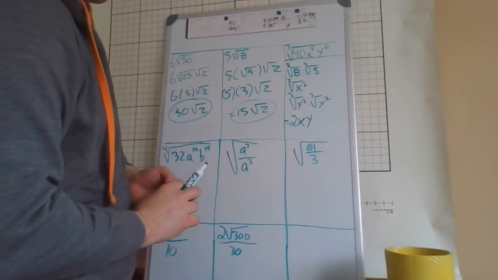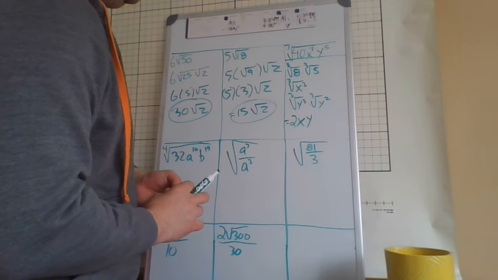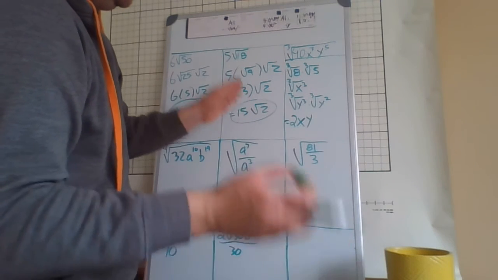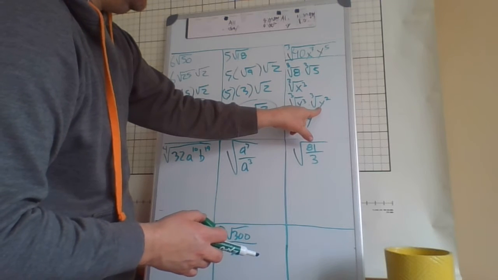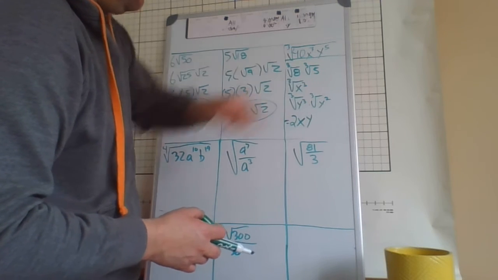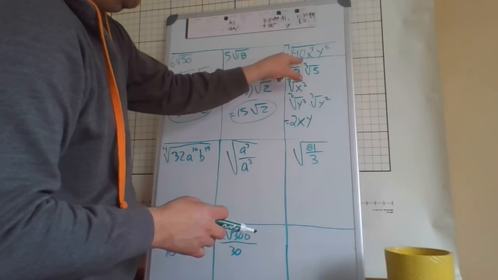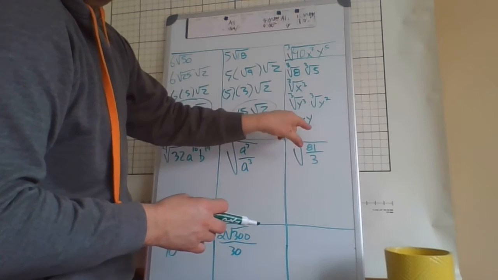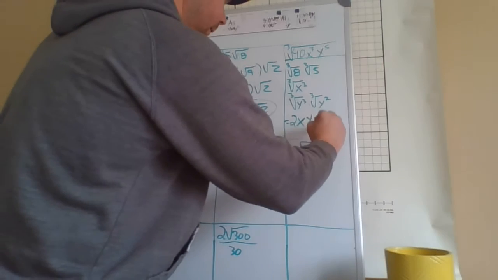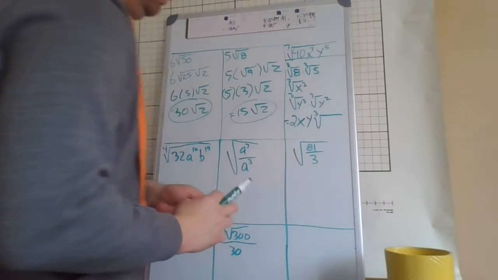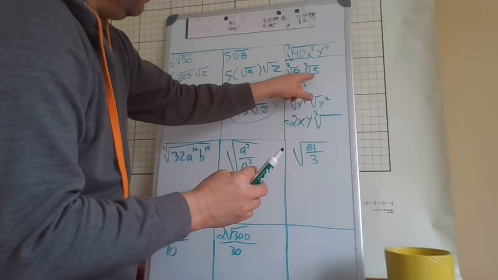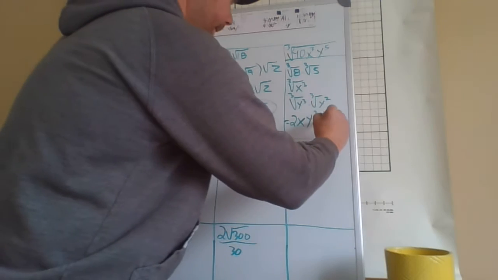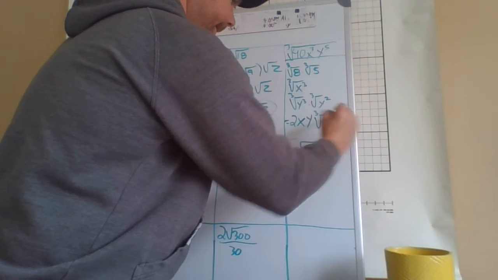Now I've simplified everything I can simplify. The only things that I haven't gotten to yet are this and this, but they're both third roots. So what I can do is put them under the same radical as I put this back together. It's going to be the third root of this times this.